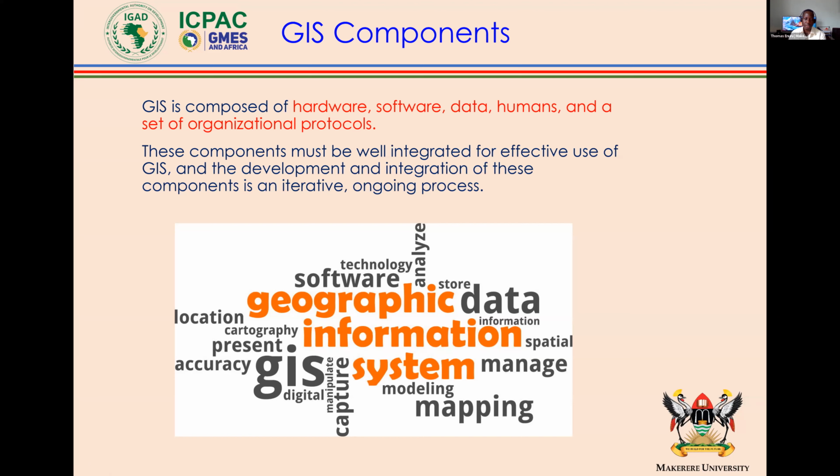Of course, GIS data can be in the form of a printed map, but to utilize it better you must first convert it into a digital format. So this cloud of words is just trying to highlight the different components of the GIS.